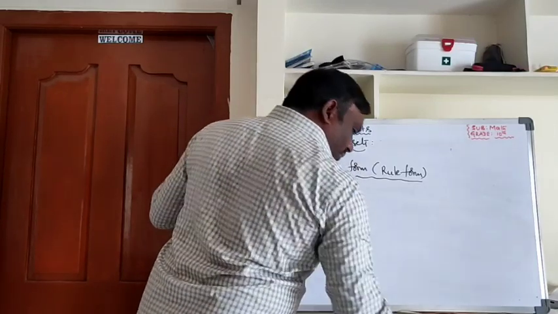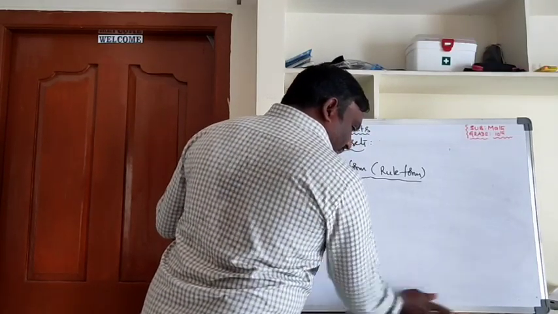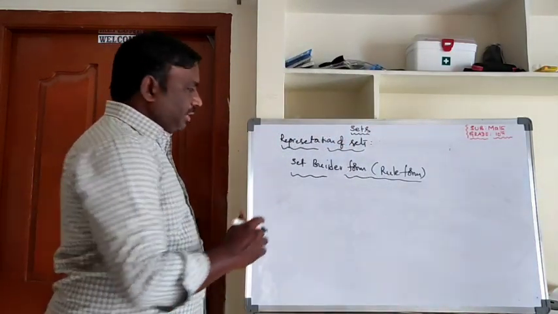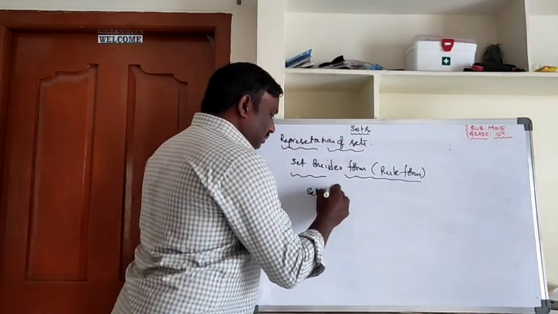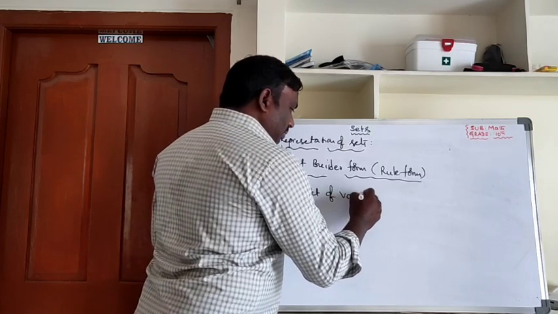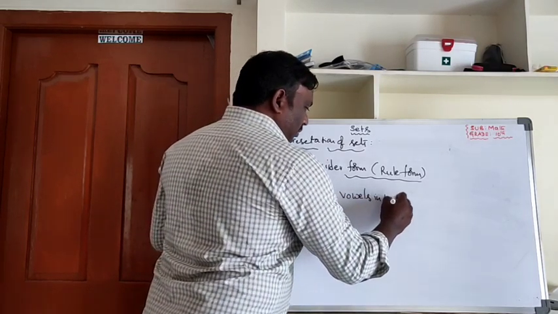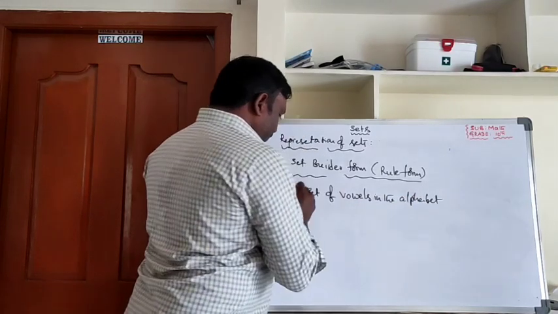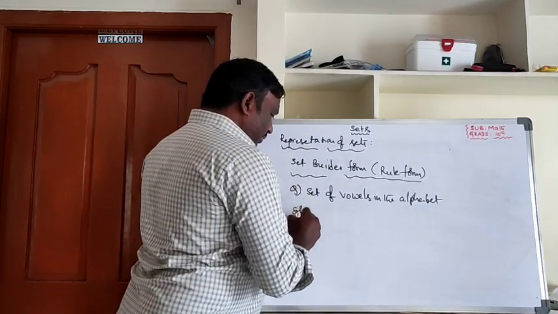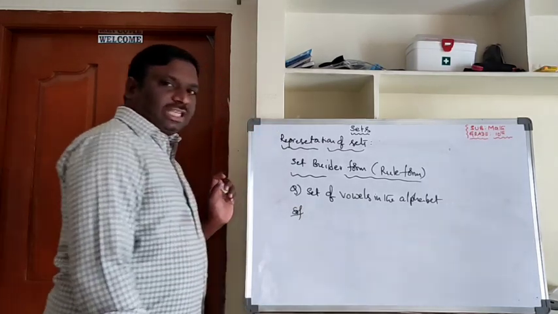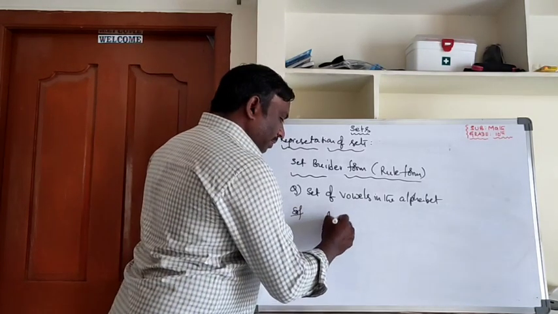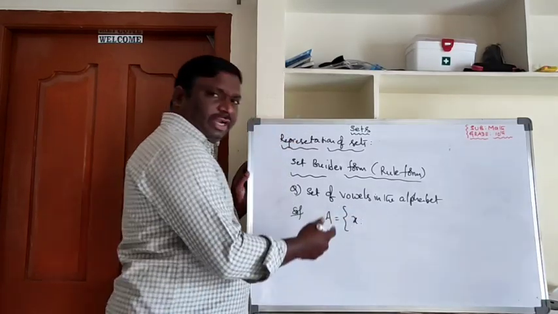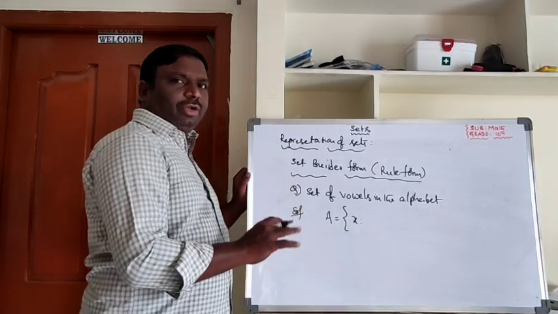Question how they will give: set of vowels in the alphabet. We have to write in the set builder form. So representing the set with a letter x. Why are we taking x? No problem, any letter you can take.